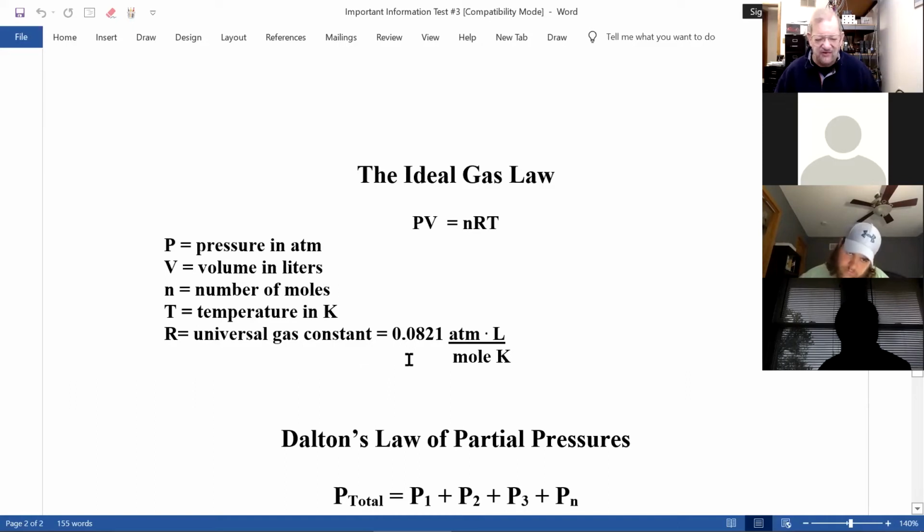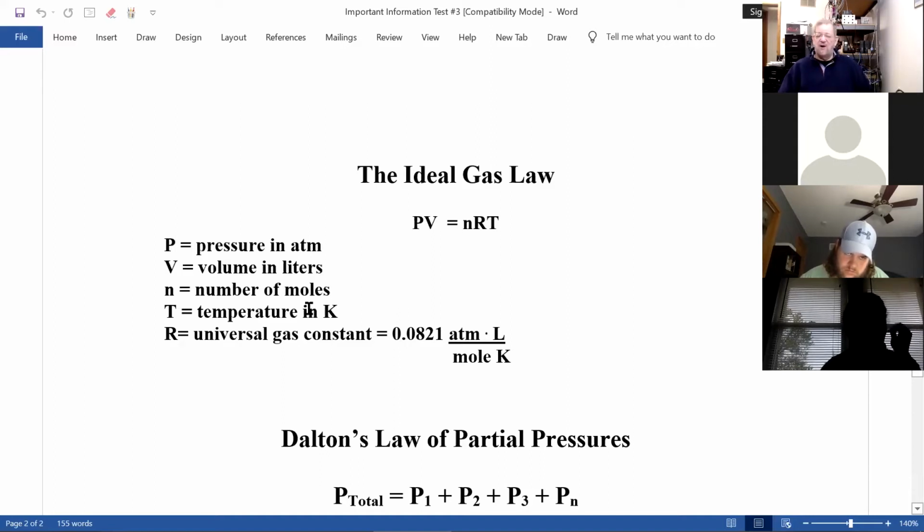And for this class, for these units, we're using 0.0821. And this is a calculated value. Therefore, R, as I'm giving it to you, is 3 significant figures. Now, a common mistake when doing a problem like this: you're never going to be given the pressure in atmospheres. I'll always give you volume in liters.